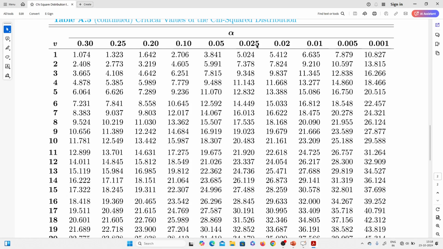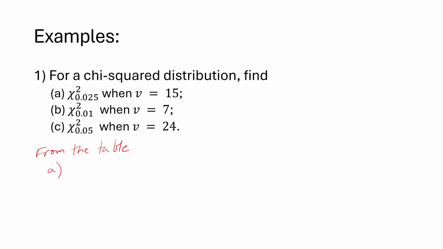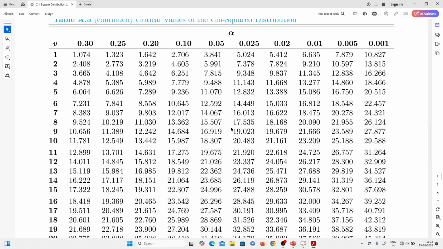Now we have to see this column, how many degrees of freedom is given to us? 15 degrees of freedom. So just see here, this is the degrees of freedom column. So 15 degrees of freedom in this row. So the answer is 27.488.